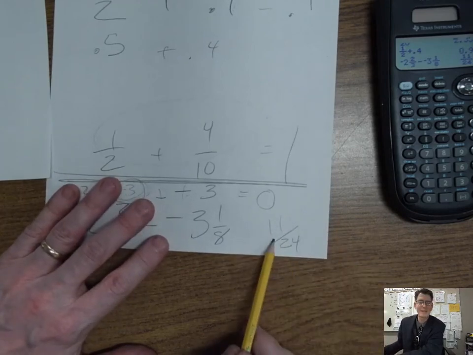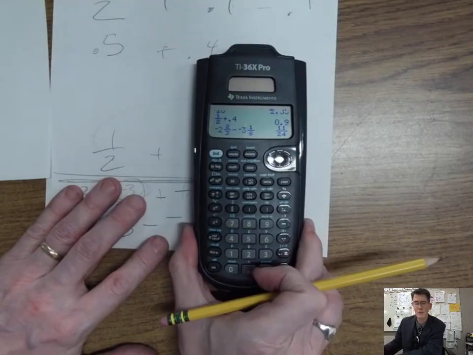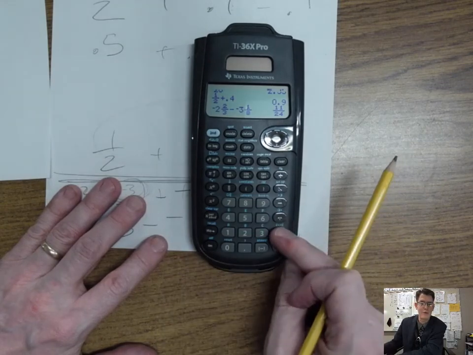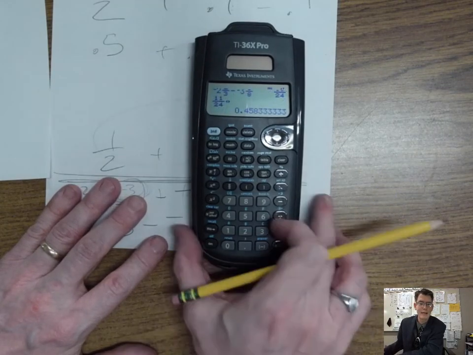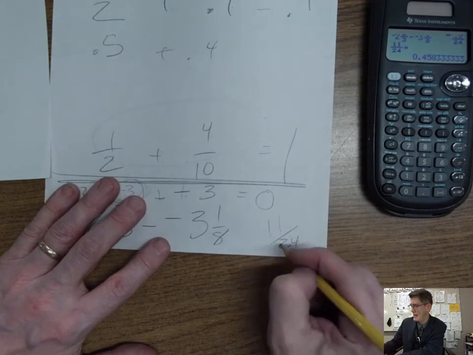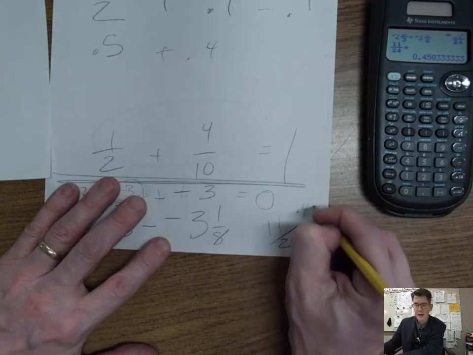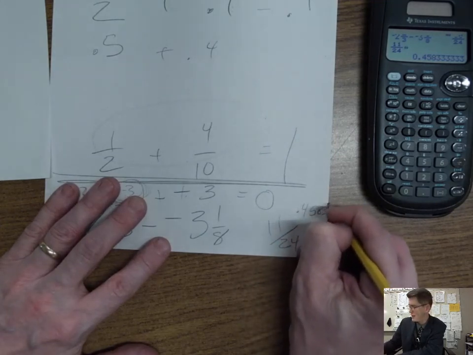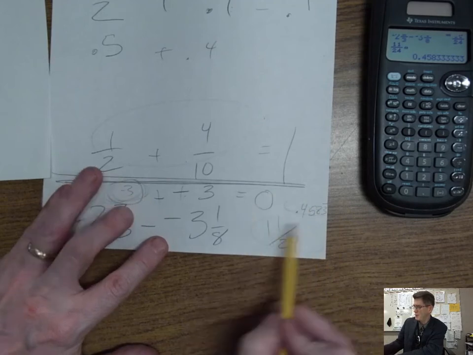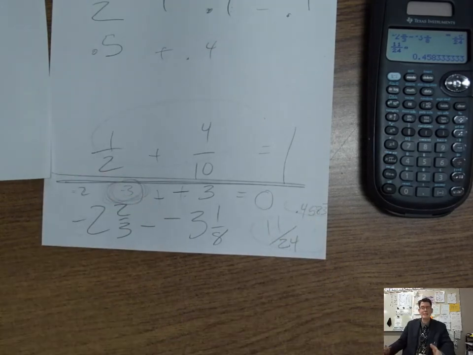That's less than half. If I hit this button to get the other form, I'm now at 0.45888, or 0.4583 on forever. Both of those numbers are pretty close to 0. Less than a half, 0.45. It's close enough to where the estimate is about right.